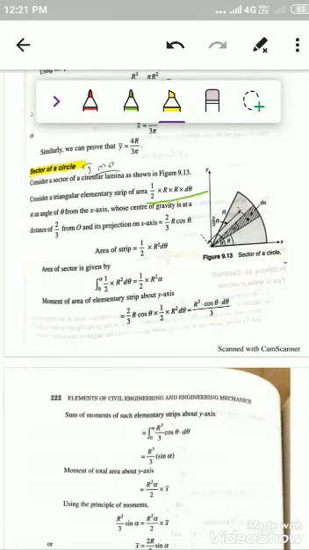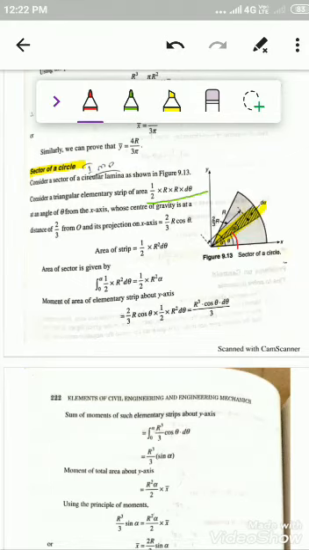As in the previous video, you have to consider this sector of a circle. The hatched portion is showing the sector. Consider an elementary strip. This elementary strip makes an angle theta with respect to the x-axis, as you can observe in the figure clearly.